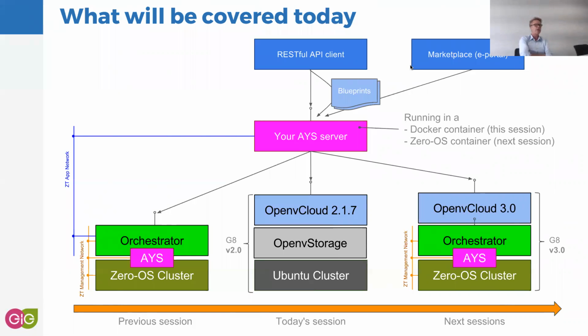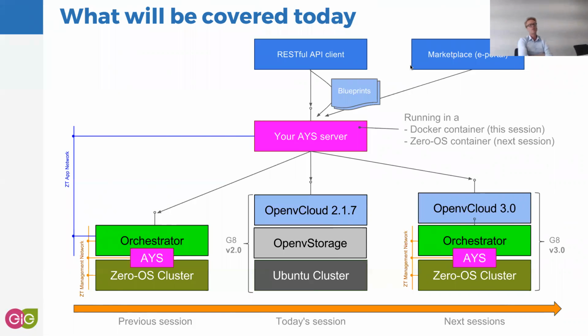That is the actual version we have in production now with customers, which is still, remember, running on top of OpenV Storage and on top of an Ubuntu cluster. And remember, of course, this is all about 0S, this EAP program.